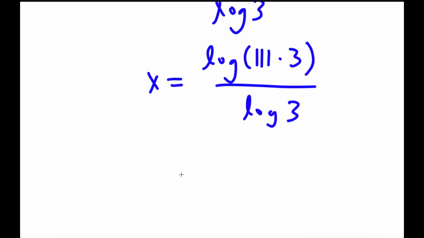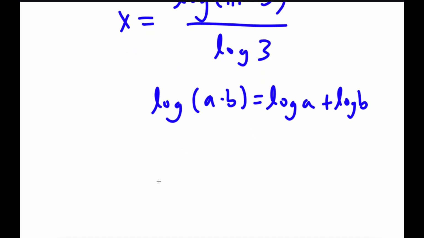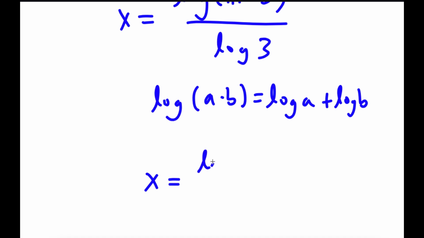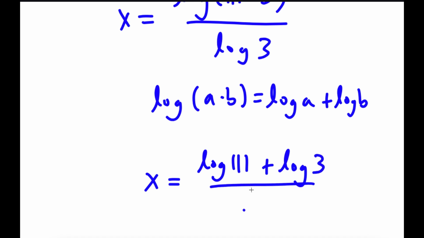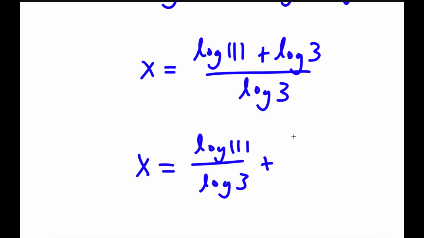And if I have something in the form log a times b, this is equal to log a plus log b. So log 111 times 3 is going to equal log 111 plus log 3 over log 3, which is the same thing as log 111 over log 3 plus log 3 over log 3, which is 1.